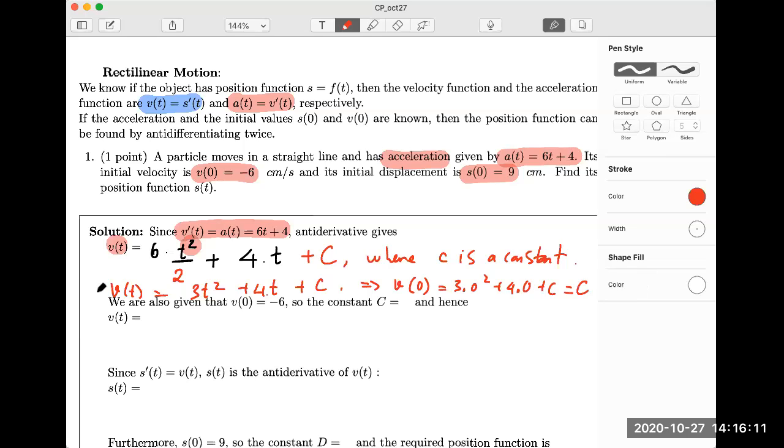From the formula we found here, v of 0 will be c. And we're given that v of 0 is also -6. Therefore, c should be, yes, -6.